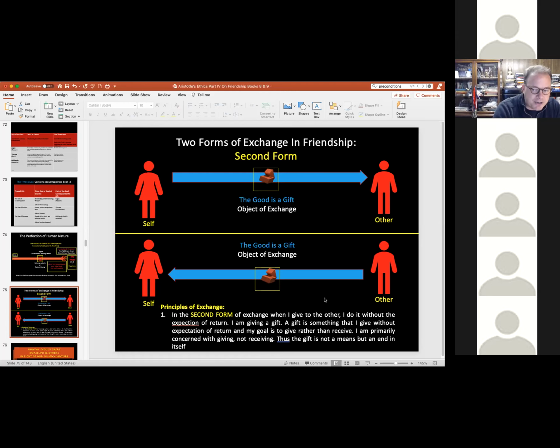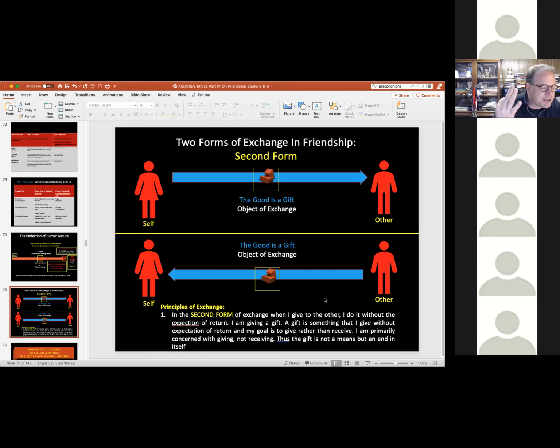Yes, there are benefits, but here's the problem. Everything that everybody exchanges in relationships is technically a benefit because they're goods that benefit the other person or benefit you by definition. So the question is, what kind of benefit is it?